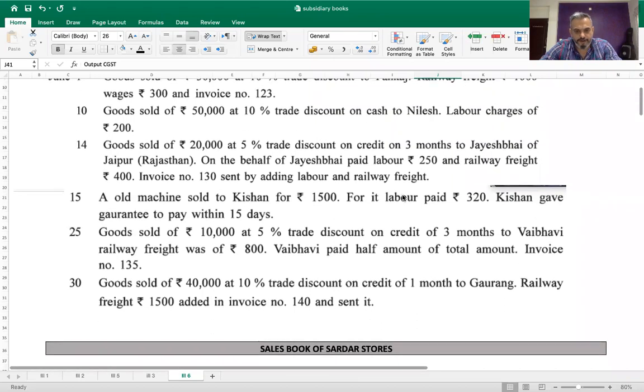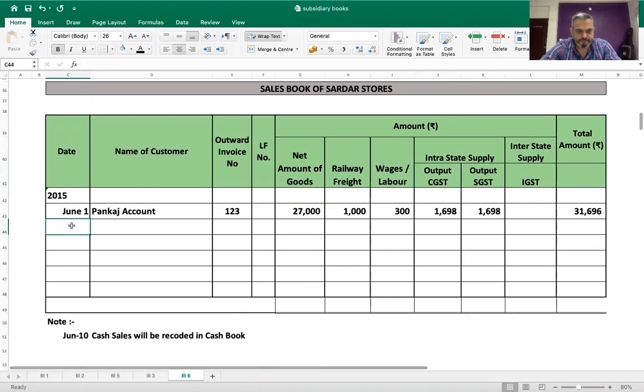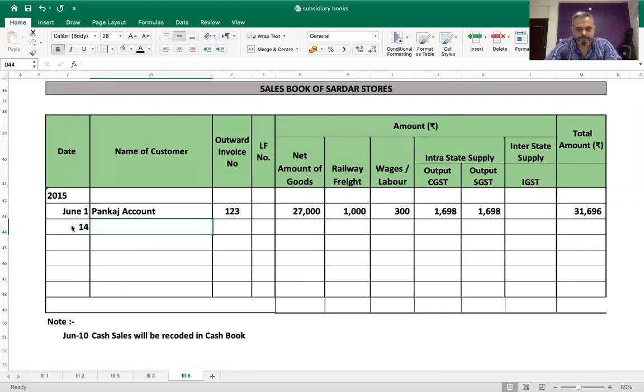So we write over here Jayesh Bhai account, bill number 130, amount is 20,000 minus 5%, so 19,000, railway freight 400 and labor 250.